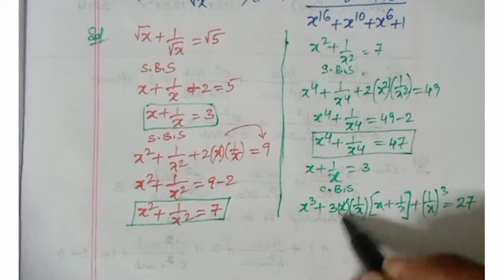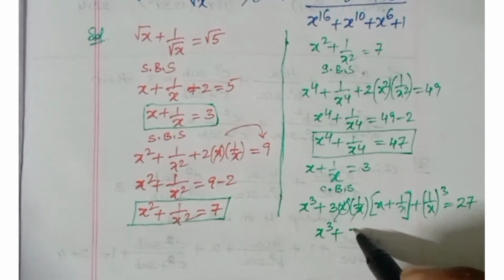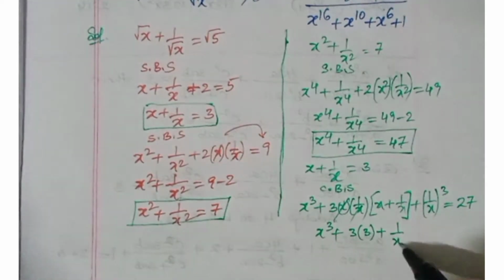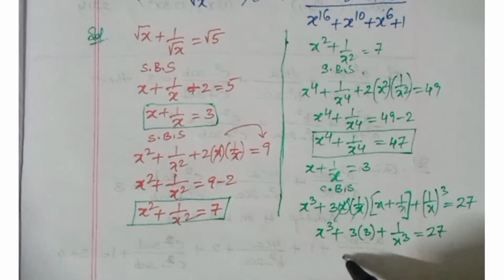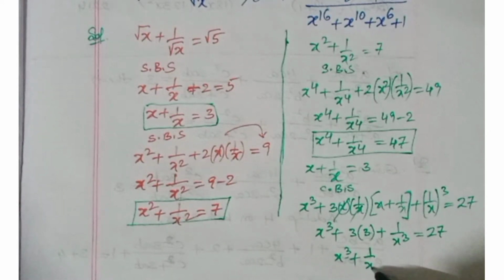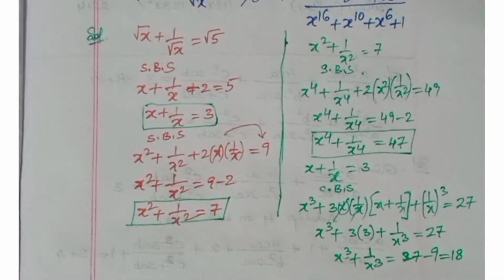So here the x gets cancelled. x cube plus 3 into 3 plus 1 by x cube is equal to 27. x cube plus 1 by x cube is equal to 27 minus 9. You are getting 18.